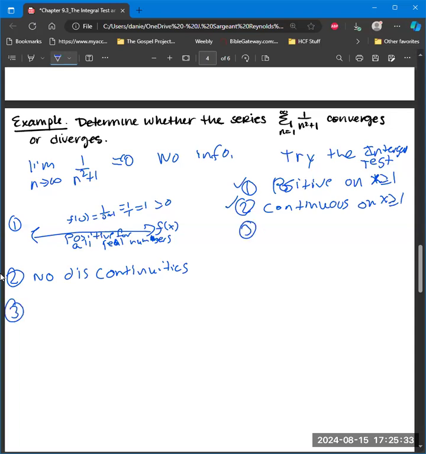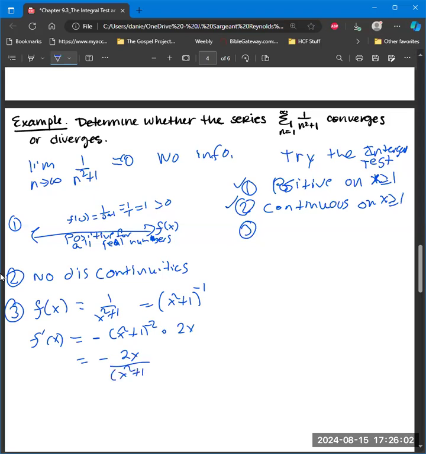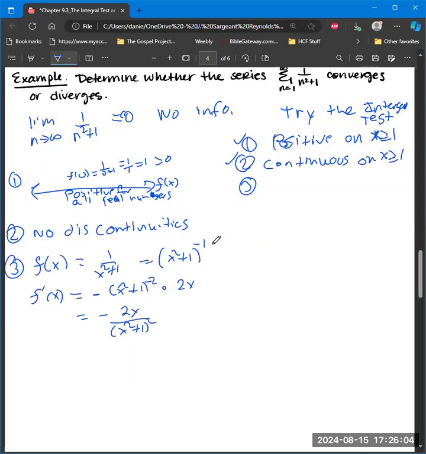First derivative here: if f of x is equal to 1 over x squared plus 1, f prime of x is equal to negative (x squared plus 1) to the negative second times 2x, equal to negative 2x over (x squared plus 1) squared. That's going to give me a 0 at 0.